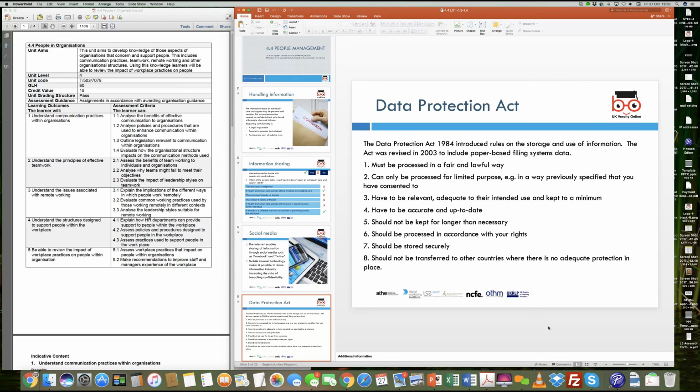This act also looks at managing pieces of information. Sometimes when you collect information, it can only be kept for a certain number of years. After that, certain bits of information have to be destroyed, and destroyed safely so that they cannot get into the wrong hands.